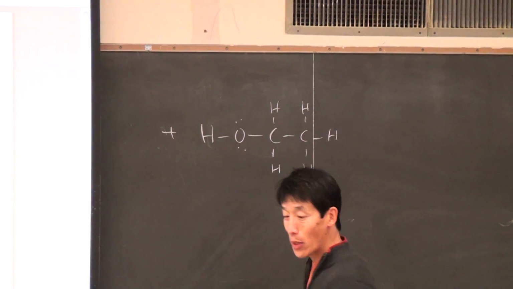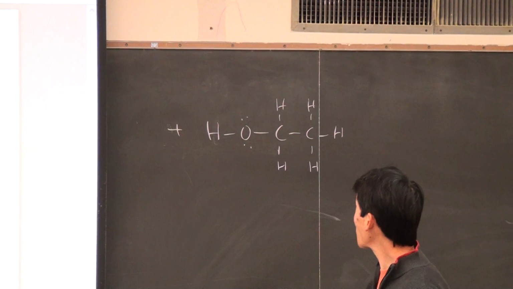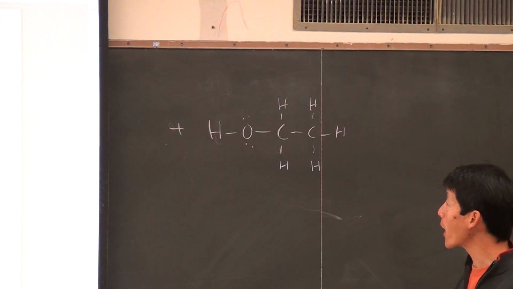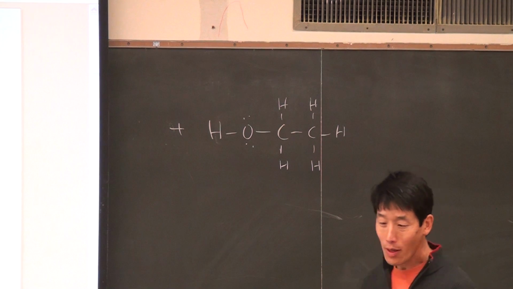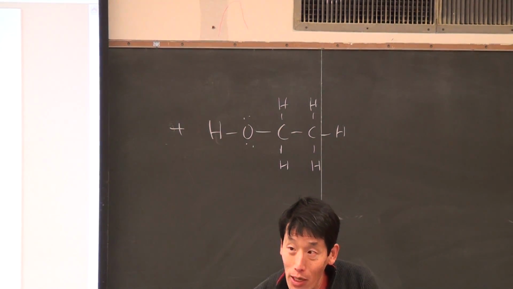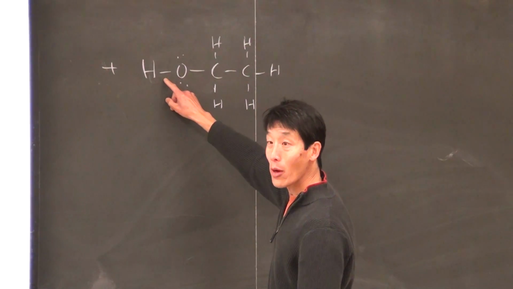Eliminating that. Okay, so we know that the acid group reacts with the alcohol group, and we also know which bond breaks and which bond forms. So in the acid, we know that this carbon-oxygen bond breaks. We know in the alcohol this oxygen-hydrogen bond breaks.